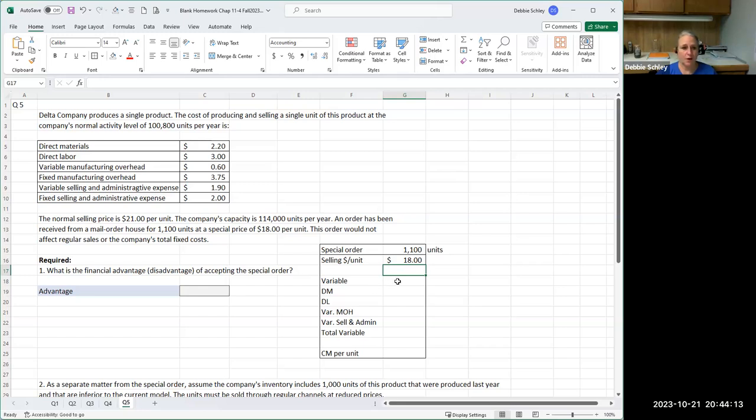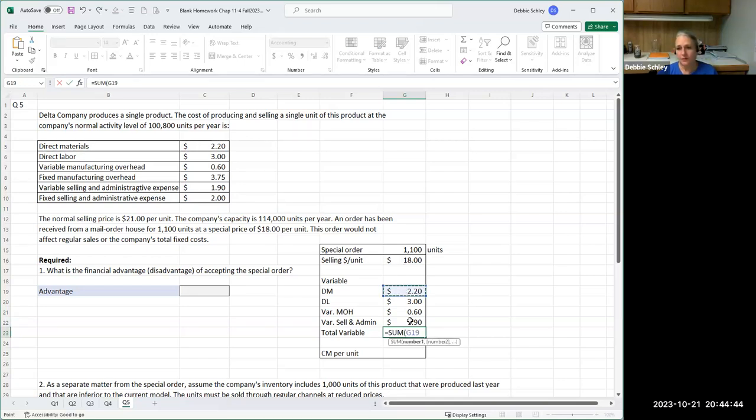Okay, so our variable costs are direct materials, direct labor, variable manufacturing overhead, variable selling and administrative, and then we'll add those up to get our variable cost per unit.